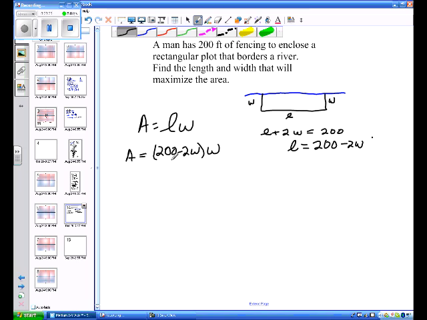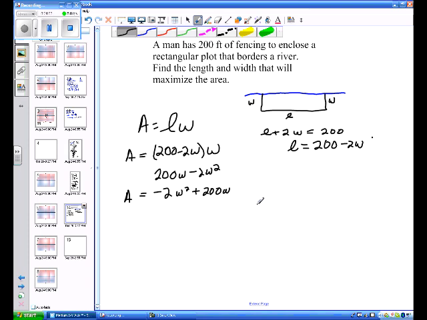And if we distributed, we would have 200w minus 2w squared. And we could switch that around. Now, what we want is what his length and width need to be so that he'll have the maximum area. We know that this is going to be a maximum because it's a quadratic that opens down.